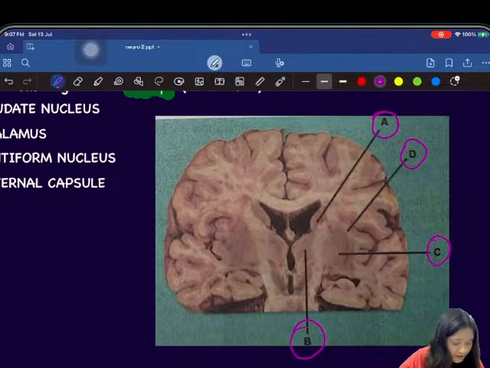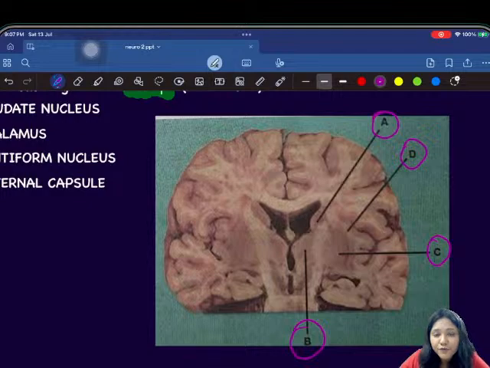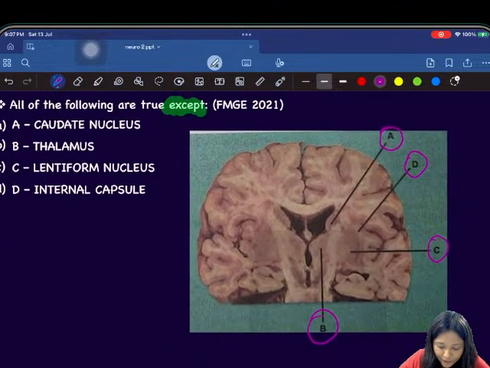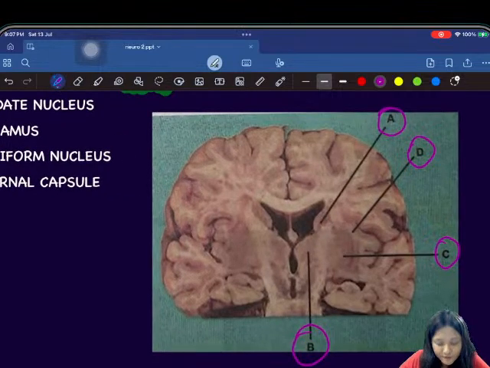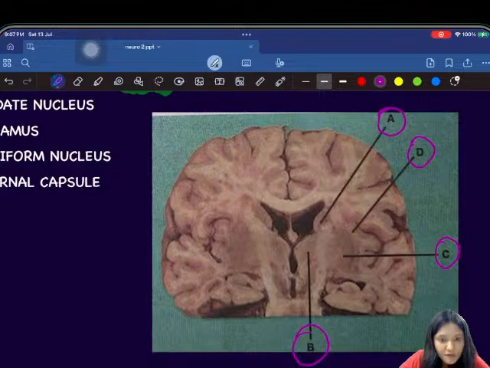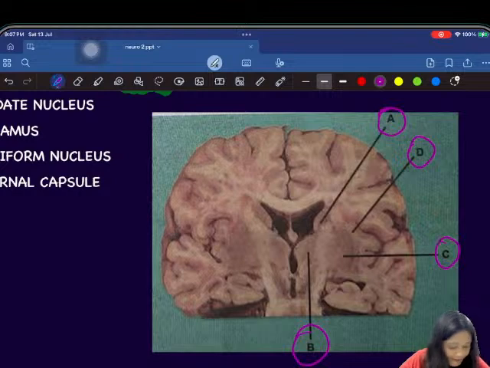Anybody who wants to answer in the chat? They have asked you which of the following is not true. As you can see in this image, what is this section? How is it taken? Yes, you are right that D is not correct.